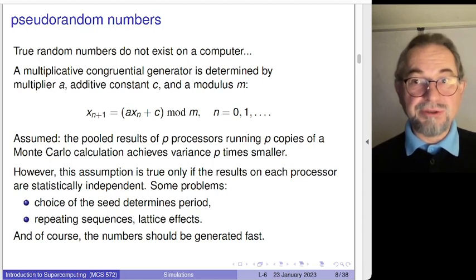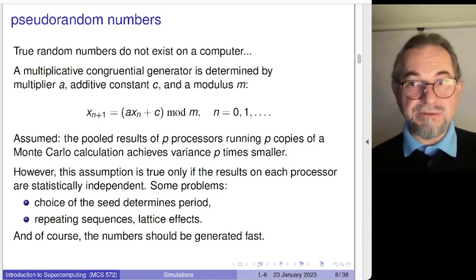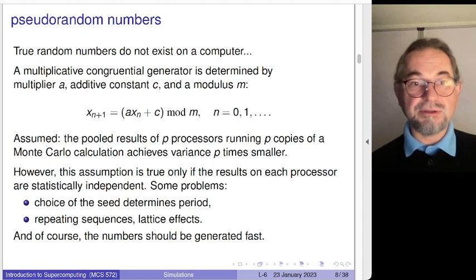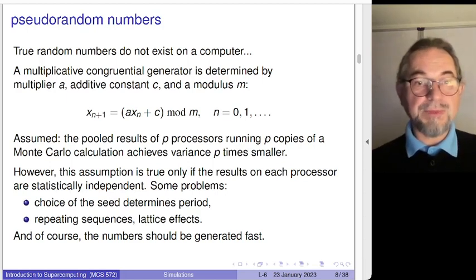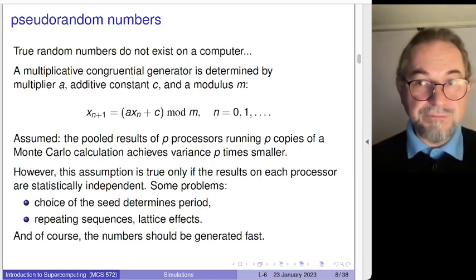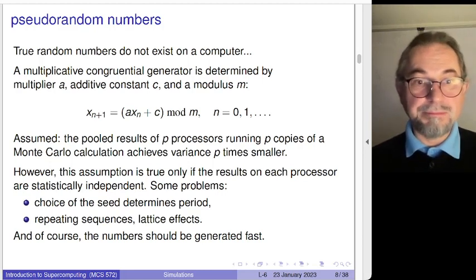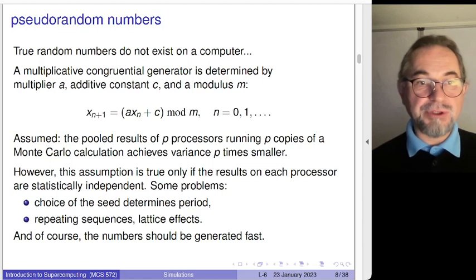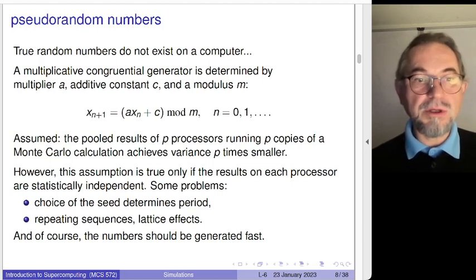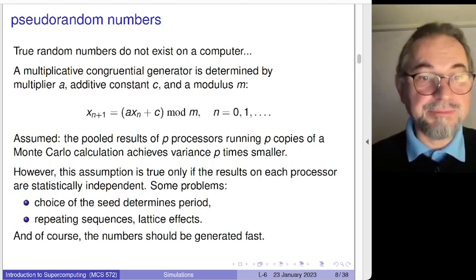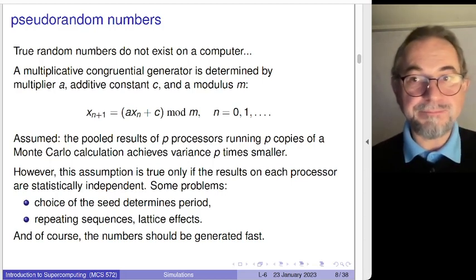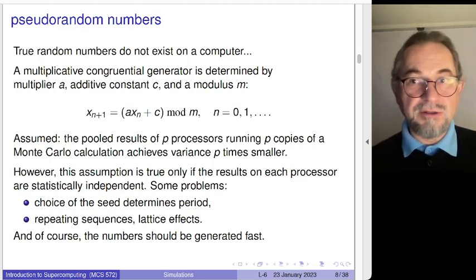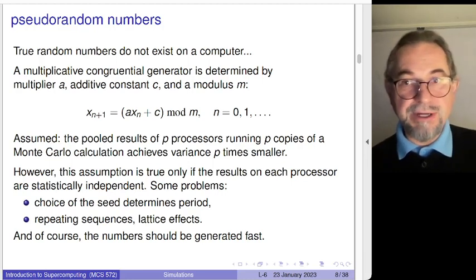Okay, so one needs to make sure that one has sufficiently many different good starting points, because the choice of that seed will also determine the period. So you do not gain any accuracy anymore if you are starting to generate the same sequence of numbers. So there are repeated sequences. And of course, this is an optimization problem with constraints.